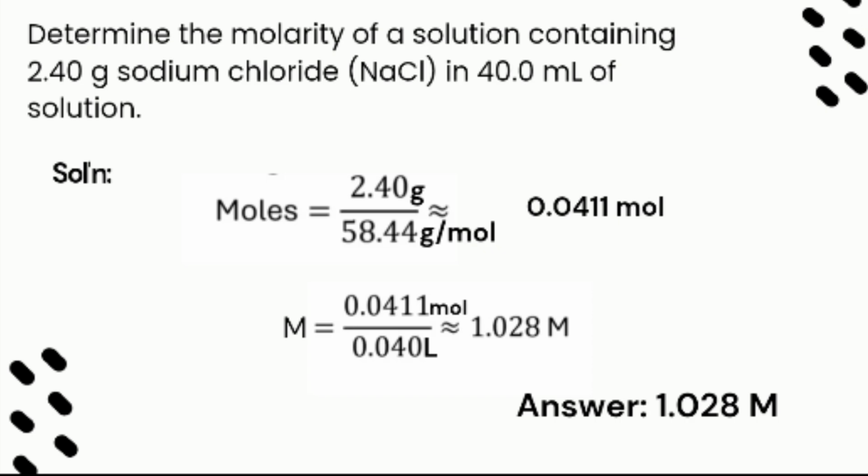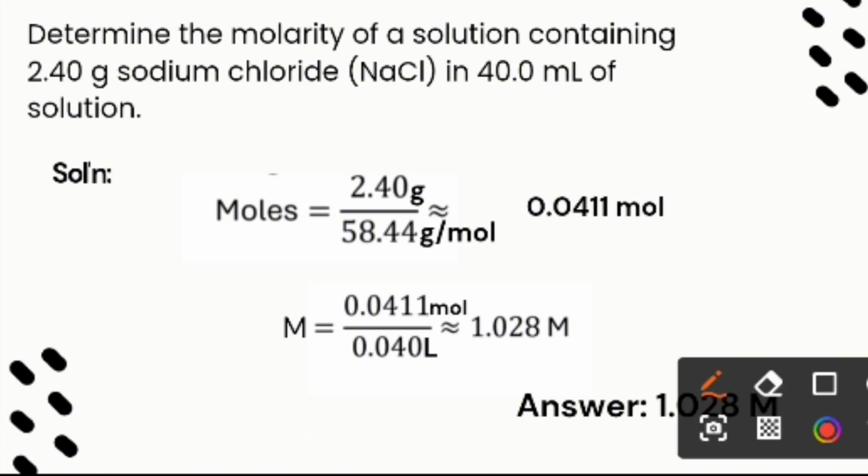As you can see, the 58.44 grams per mole is already given, so we just substitute it into the formula. So the answer is 0.0411 mole. If you're curious why the answer is only mole, it's because we canceled out the grams.